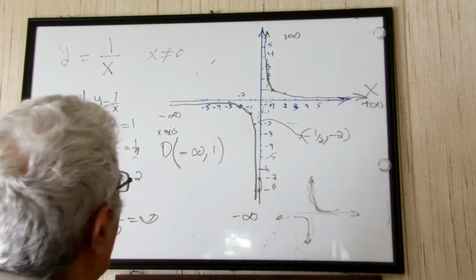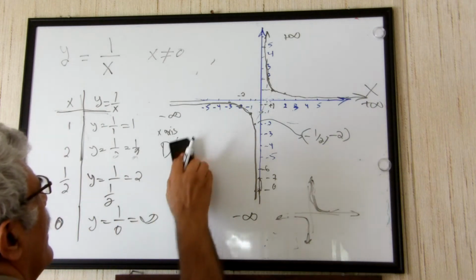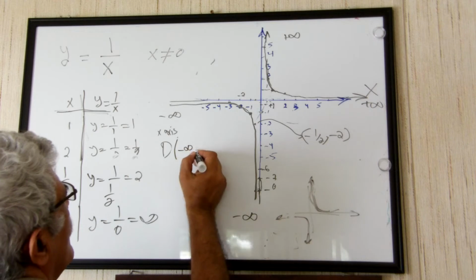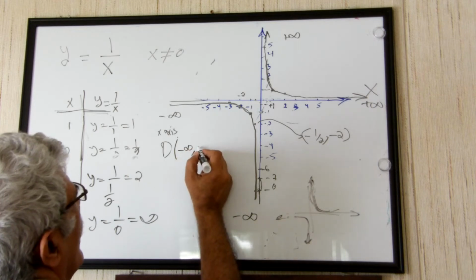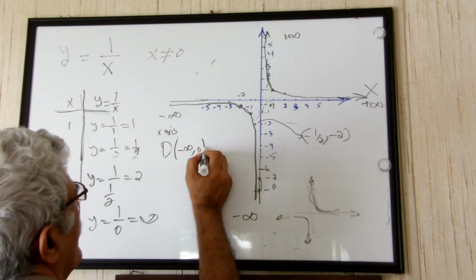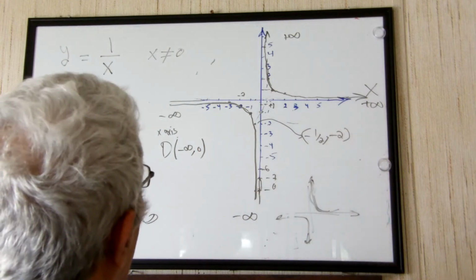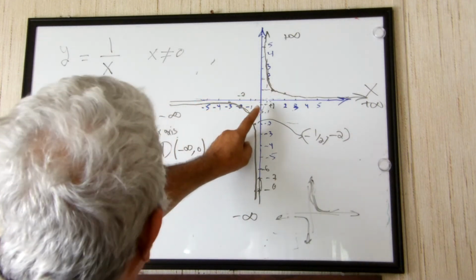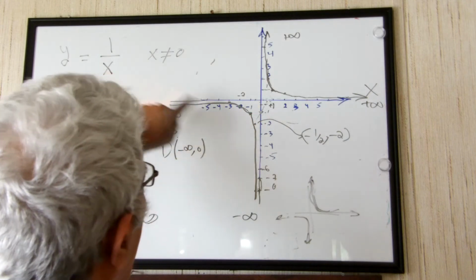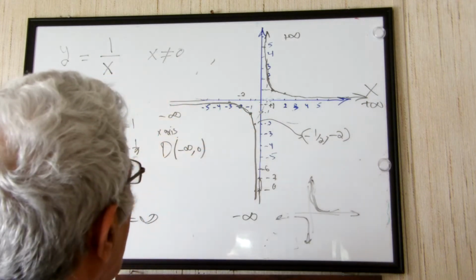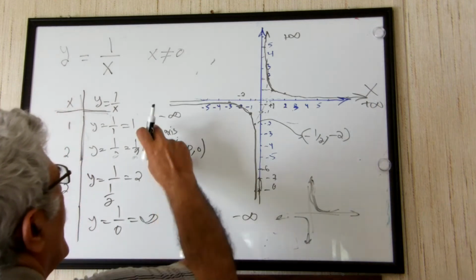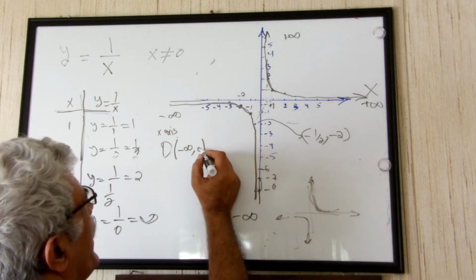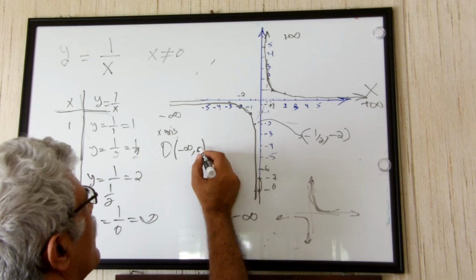And then again, start from minus infinity to 0. I'm sorry, 0, because this is up to 0. 0 is not included, because if x is 0 it's going to be infinity. So from minus infinity to 0, 0 not included.